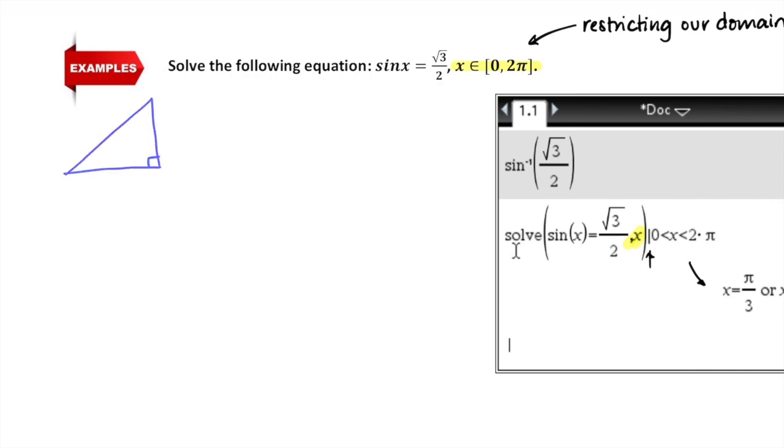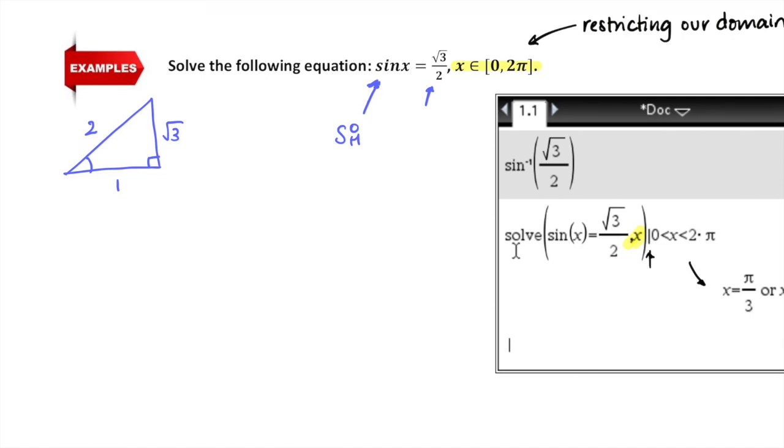So there's my right angle triangle, and filling this in, we know we're looking at a ratio of root 3 on 2. So that means my hypotenuse is 2. Sine requires us to use opposite and hypotenuse, so that means my reference angle is there, my opposite length is going to be root 3. So that means that the adjacent length is 1.